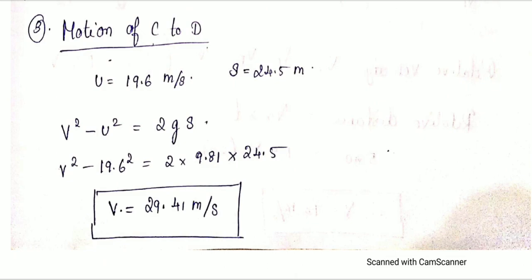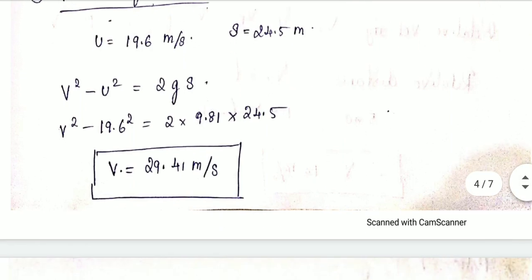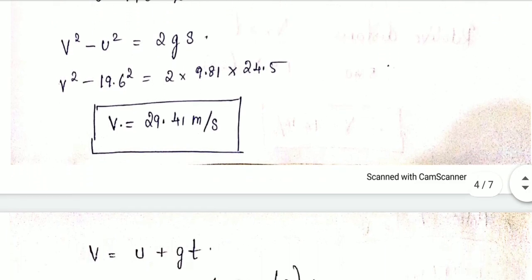When you substitute in the equation V square minus U square is equal to 2GS, V is the unknown, U is 19.6, G is 9.81, S is equal to 24.5. You will get V equal to 29.41 meter per second. This is your velocity when it reaches the ground.